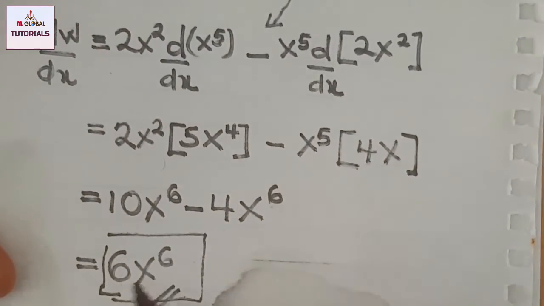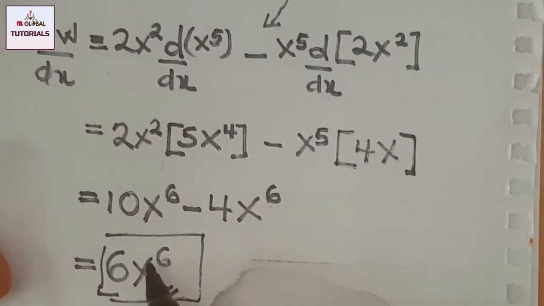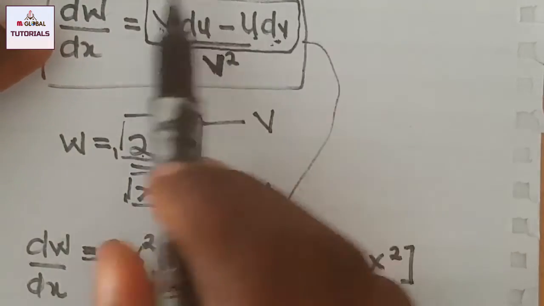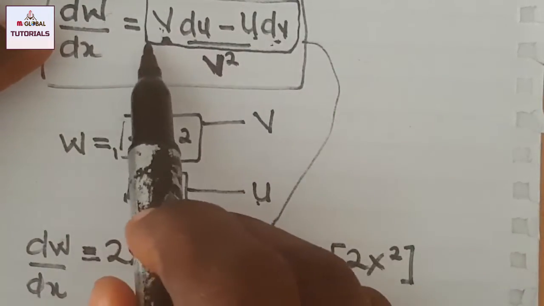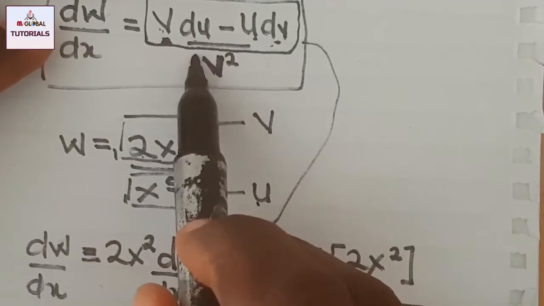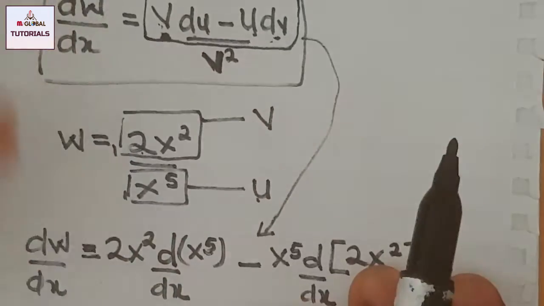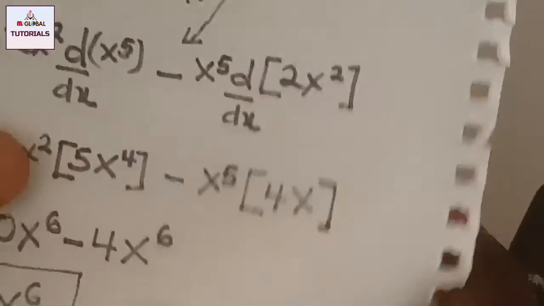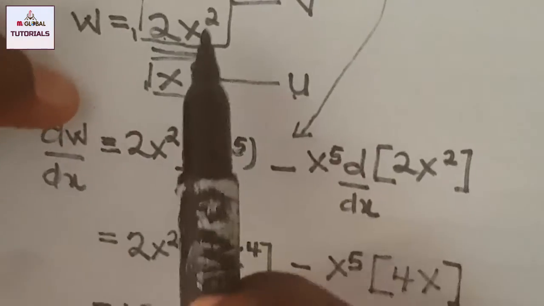This is not the final answer. 6x exponent 6 is the numerator for the formula. So we have to also find v squared. Alright. So v squared is equal to the initial of v, this is v, 2x squared.